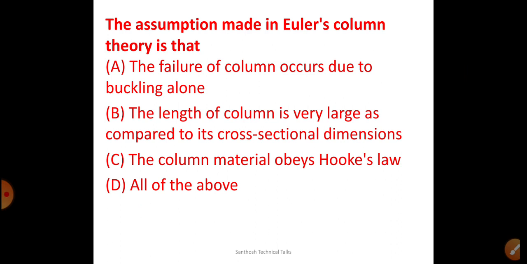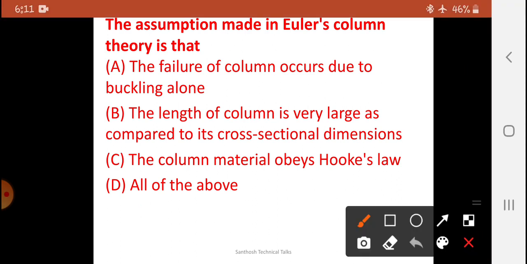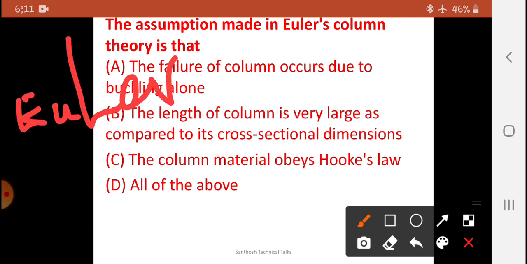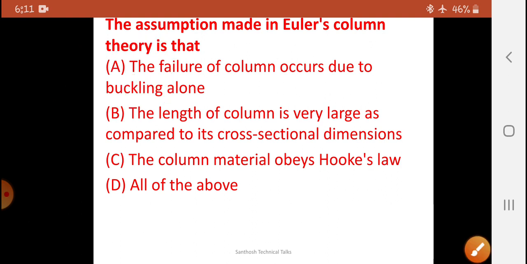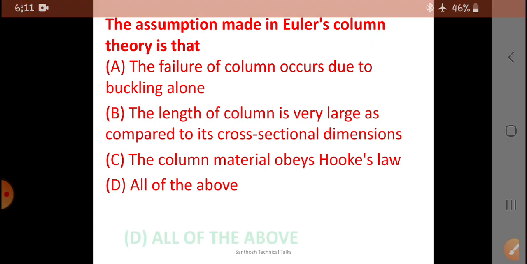And next, a very superb question. The assumptions made in Euler column theory: Euler column is for long columns. If you see the name itself, Euler, L is for long column. Therefore, Euler column theory is always used for long columns.